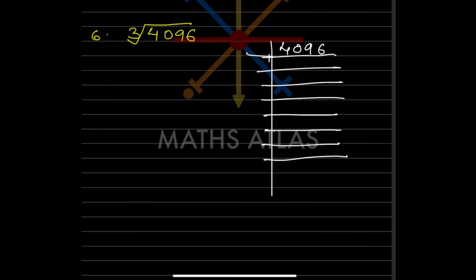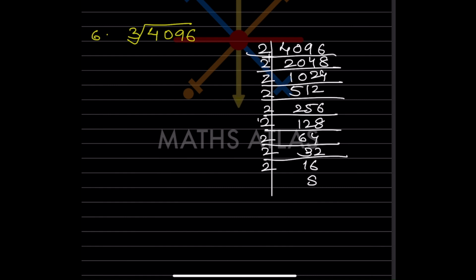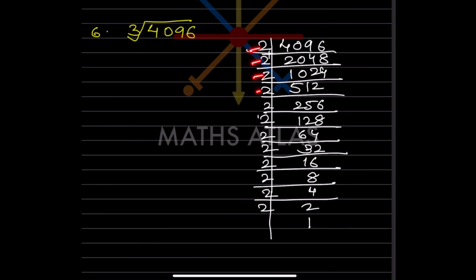So it should be, it will go with 2. Two ones are. So how many 2s do we have? 1, 2, 3, 4, 5, 6, 7, 8, 9, 10, 11, 12.